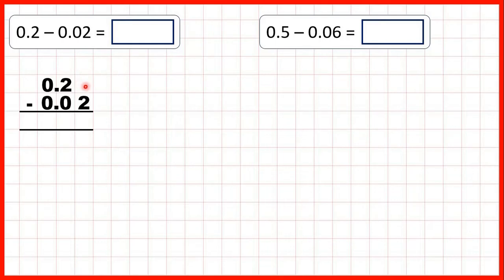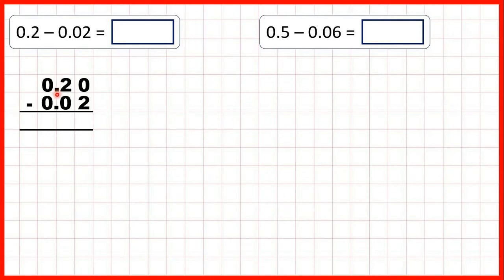Now we have an empty square here, but we can write a 0 in this empty square, because you can always write a 0 on the end of a decimal without changing the number. So 0.2 tells us that we have 2/10, but all the 0 on the end tells us is that we don't have any extra hundredths, so 0.20 is the same as 0.2.